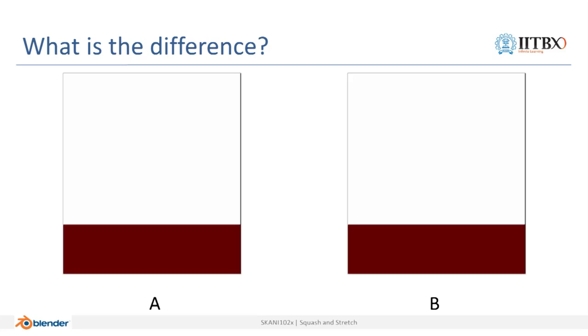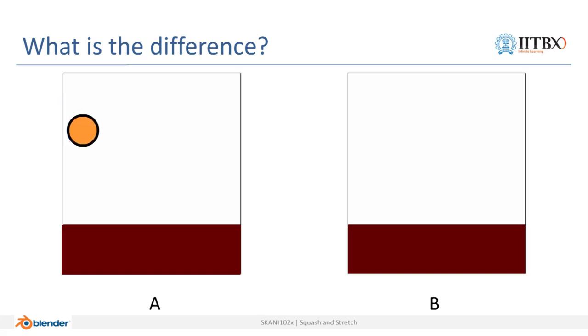So, let us start. Here are two animations, animation A and animation B. In animation A, you will see that the ball is coming inside the frame, hitting the ground and going out. Same thing is happening in animation B. What is the difference in these two animations? Can you find out? Let us see these in slow motion.